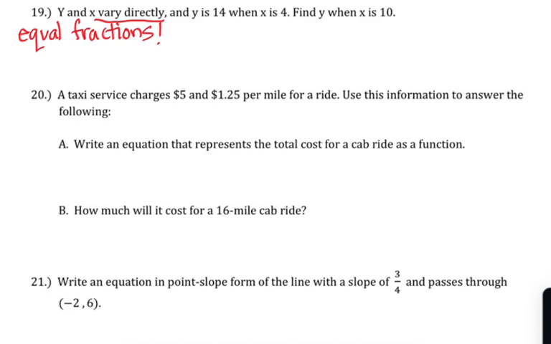What would y be when x is 10? And rather than making an equation and then substituting and graphing and finding it, we can just use equivalent fractions because I know it's y over x. It has to have the same slope. When y is 14 and x is 4, that would be a point on the graph.